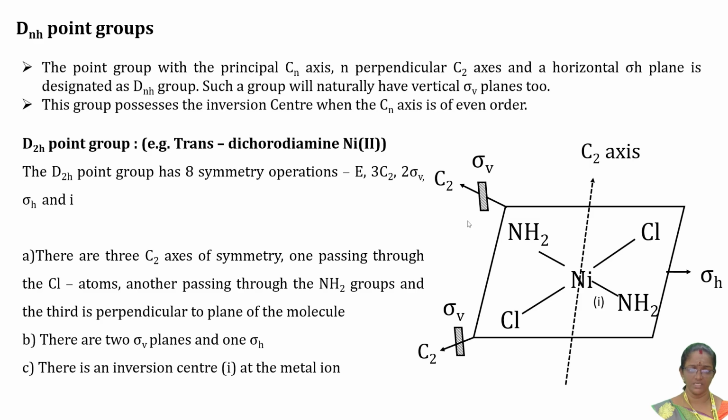Here we have represented the structure of the molecule. In this, there are 3 C2 axes, one passing through the nickel and another passing through the chlorine and NH2 groups. There are 2 sigma v planes and 1 sigma h plane, and there is an inversion center in the molecule.